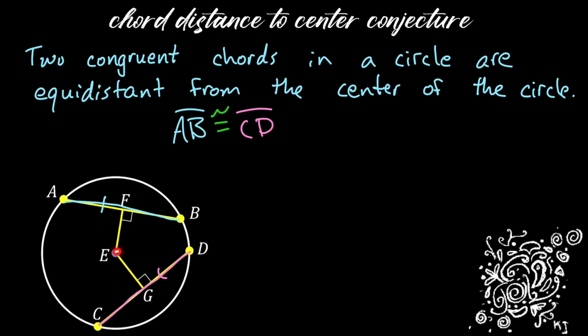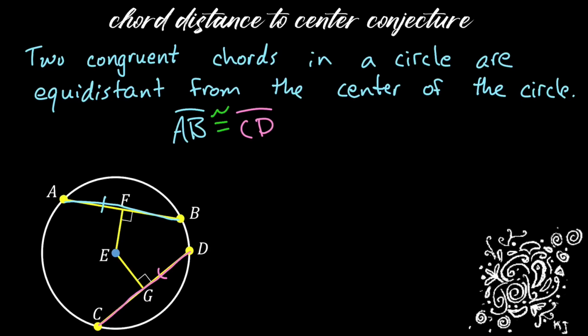That means that from the center here, the shortest distance between that center and any part of the segment AB has to be the segment that is perpendicular to the line. So similarly, from the center to segment CD, the shortest distance is the segment that is perpendicular to it.